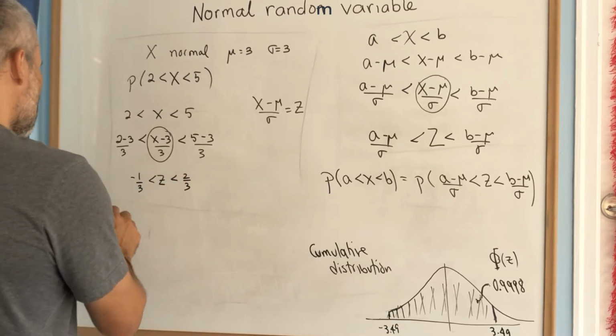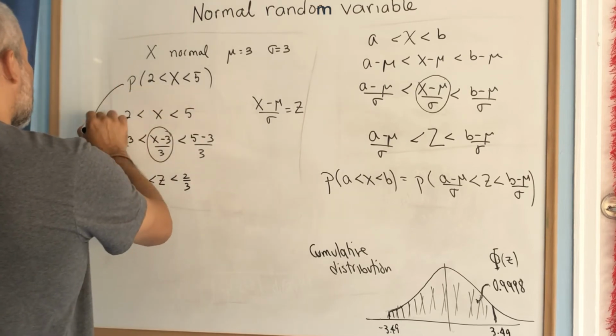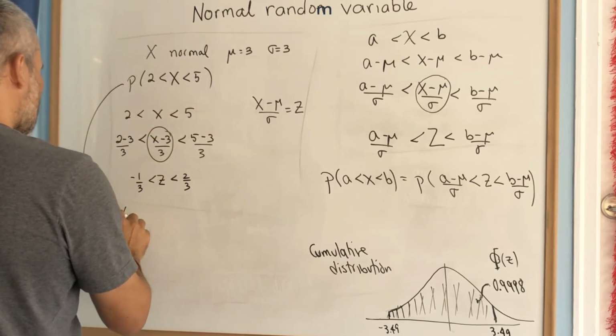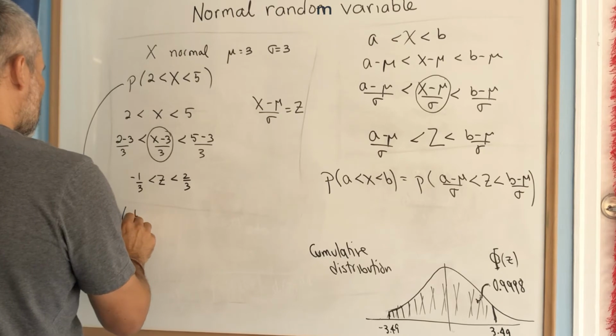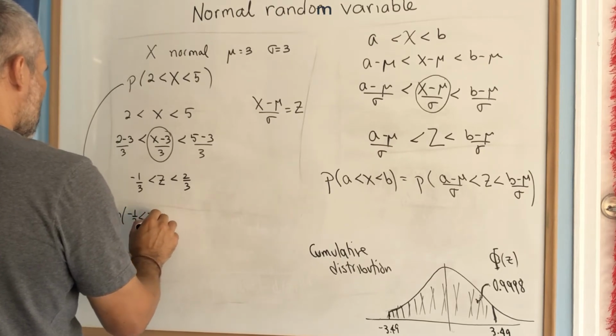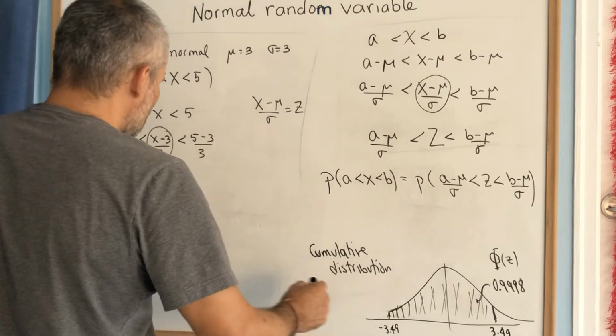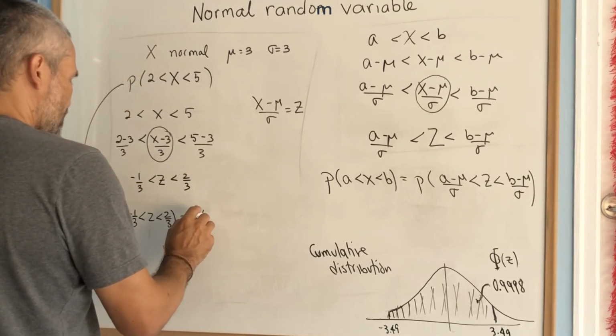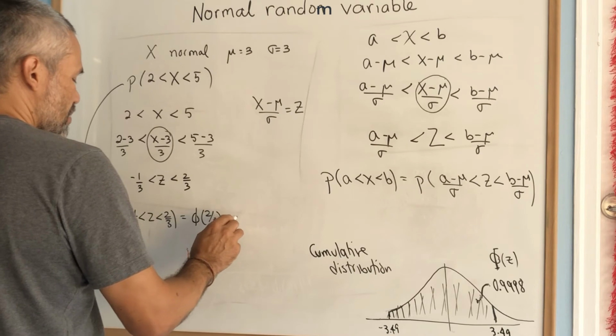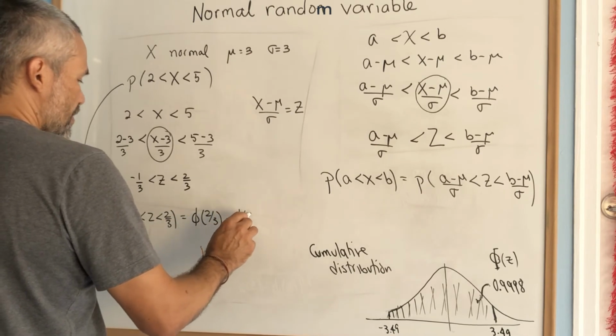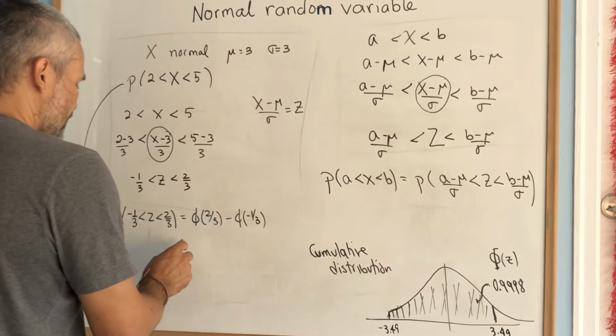And then we want to compute this probability. This probability here is equal to the probability that C is between negative 1/3 and 2/3. But this is just the cumulative function evaluated at 2/3 minus the cumulative function evaluated at negative 1/3.